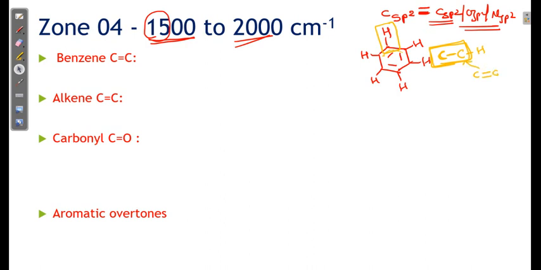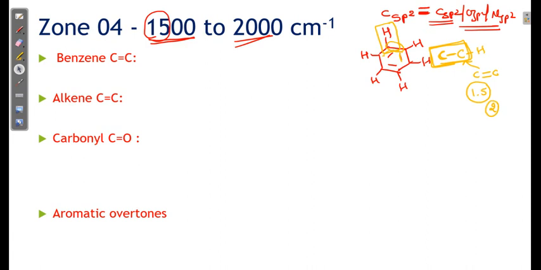Because this carbon is not a pure single bond and not a pure double bond, it is facing a double bond here, but this is a single bond. So we can say it does not have double bond character, but a 1.5, which is very weak compared to double bond character.